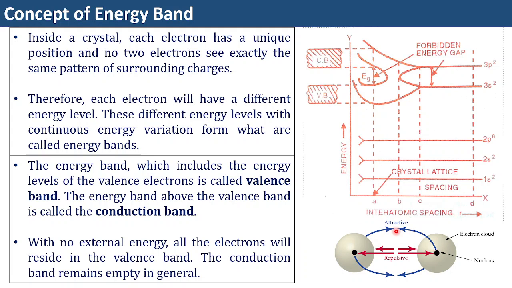All right, so this is an attractive bond. You have got nucleus to nucleus repulsion. Why? Because this is a positive charge, this is a positive charge, they will repel each other. And similarly, the electronic cloud and electronic cloud will also repel each other. So you have got one type of attraction, that is electronic cloud to the nucleus, and two types of repulsion, that is nuclear repulsion and electronic cloud repulsion.